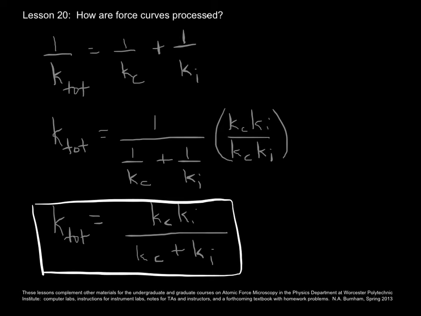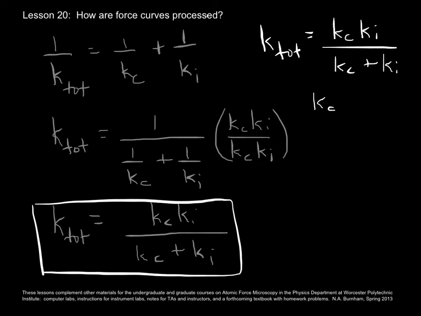Note something interesting here. I'm repeating this again. We're going to consider the following case. We'll consider the case of Kc being much less than Ki. What you can do then is say in the denominator, let me just ignore that term.